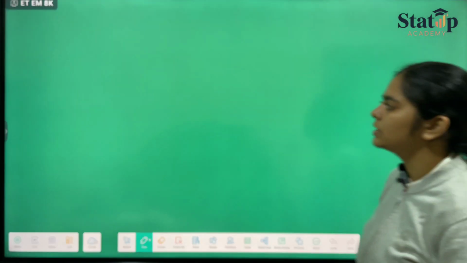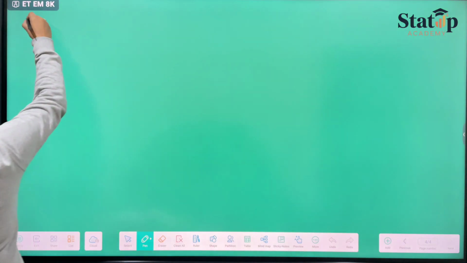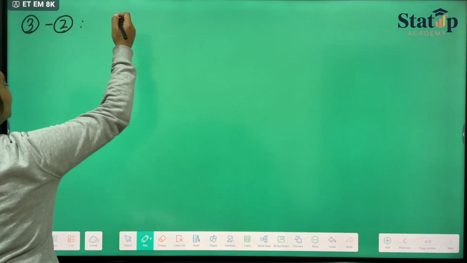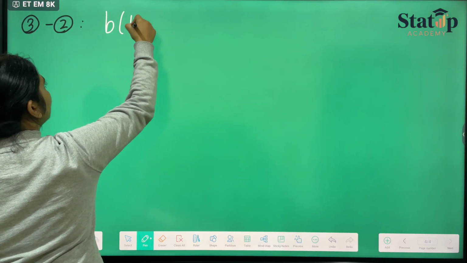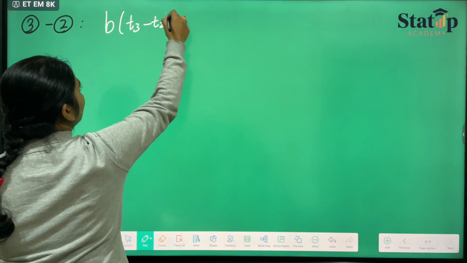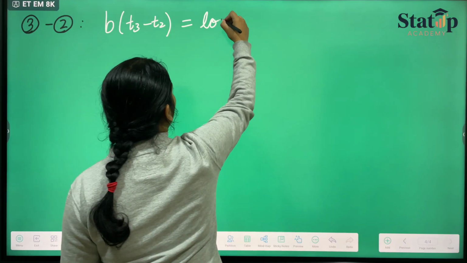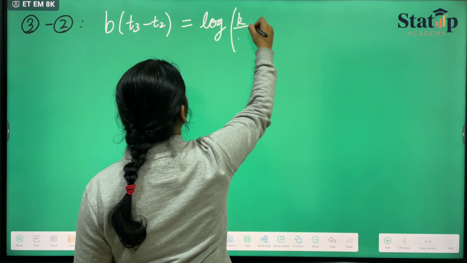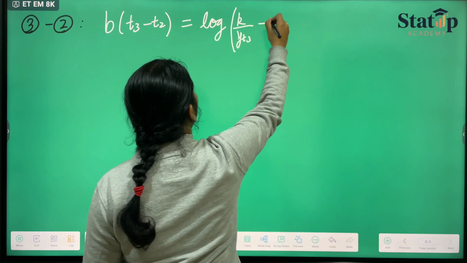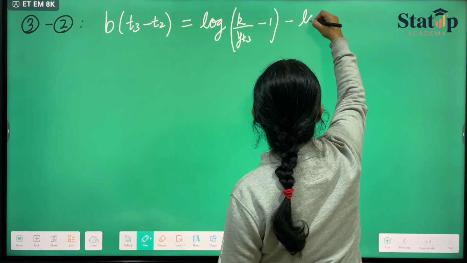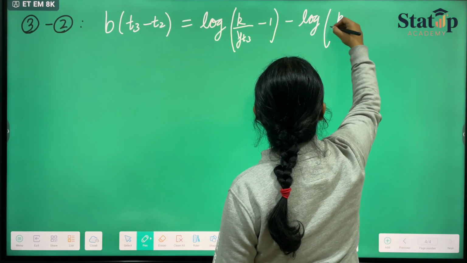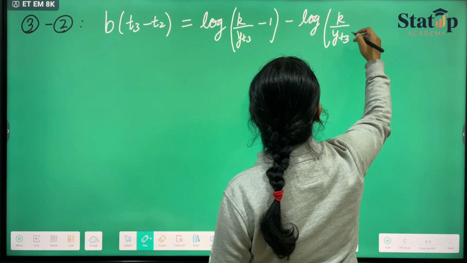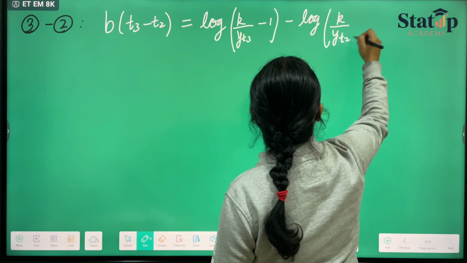And similarly, if we subtract equation 2 from equation 3, we'll get b times t3 minus t2 is equal to log of k upon yt3 minus 1 minus log of k upon yt2 minus 1.